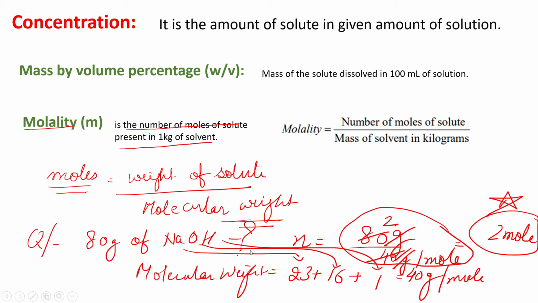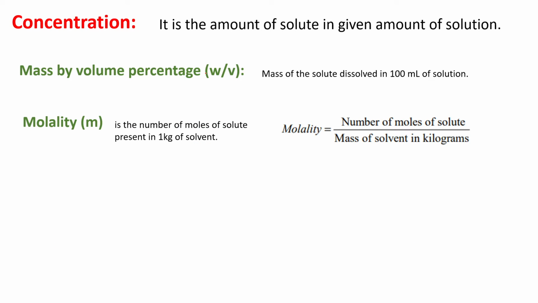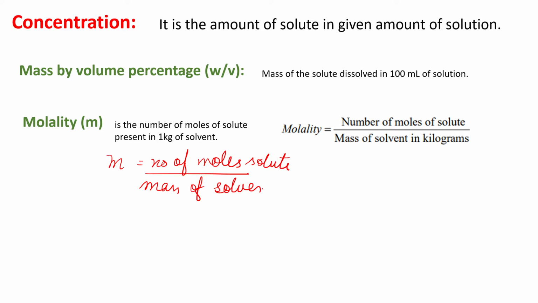Since we are discussing molality, molality is the number of moles of solute divided by mass of solvent in kg. Pay attention, here it is written as mass of solvent only, and that too in kg, not liters. It is not asking for volume, it is asking for mass.